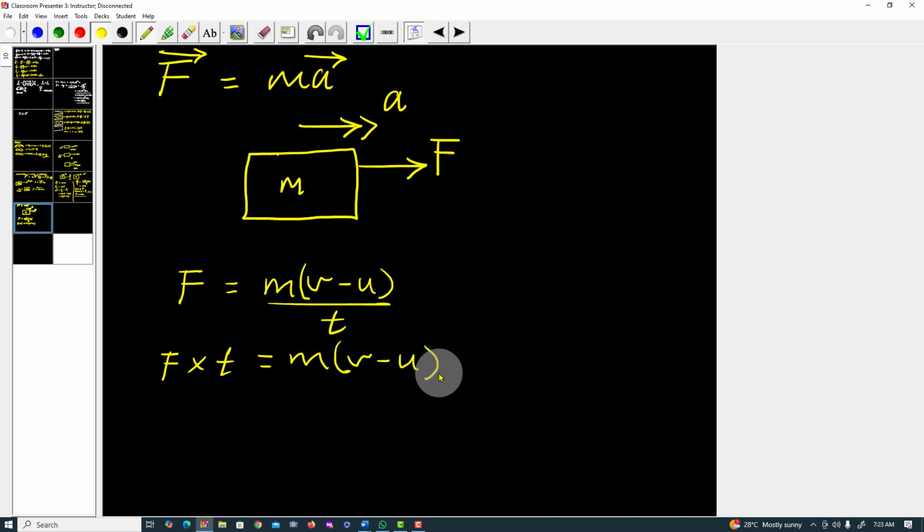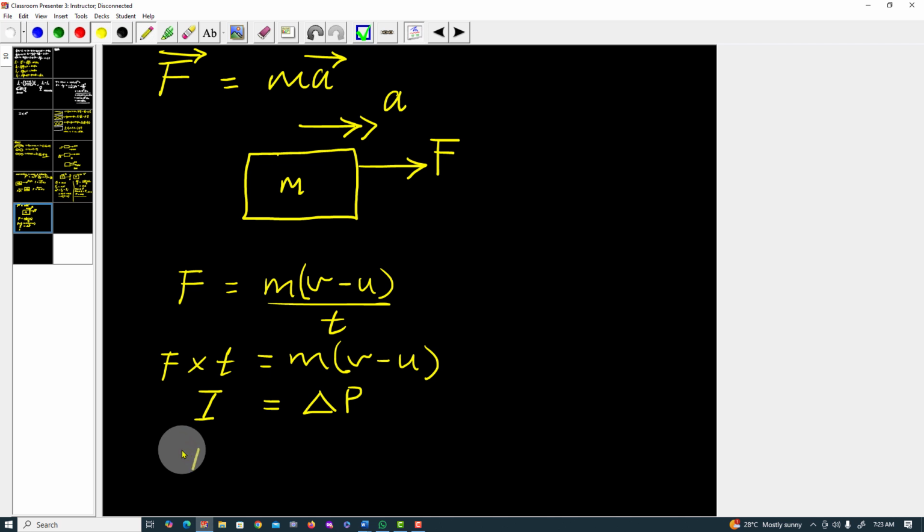Remember, the right hand side, we called it change in momentum. It's the mass of the object multiplied by the change in velocity. The left hand side is a product of the force and the time for which that force is acting, and it's referred to as impulse.